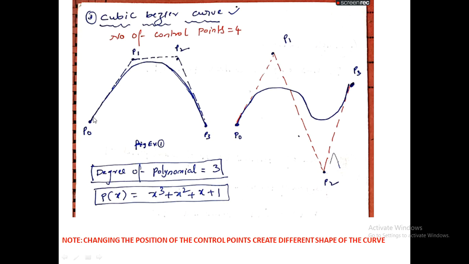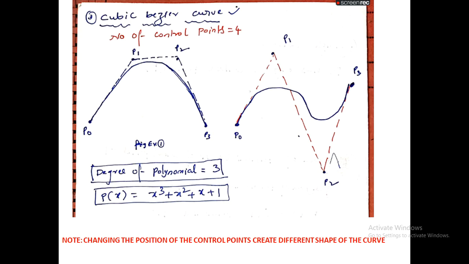I created one curve that passes from P0 and is closer to P1, again closer to P2, and ends at the control point P3. So with the help of 4 control points and 3 tangents, I created one curve. The shape of the curve is like this. This is called a cubic Bezier curve.